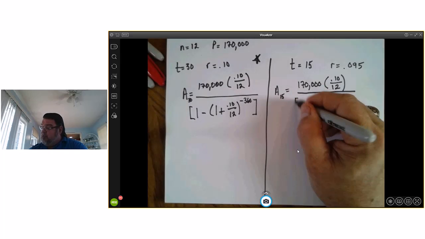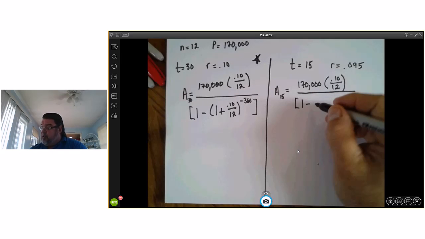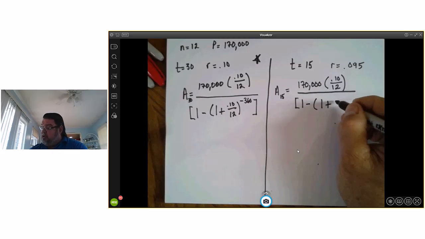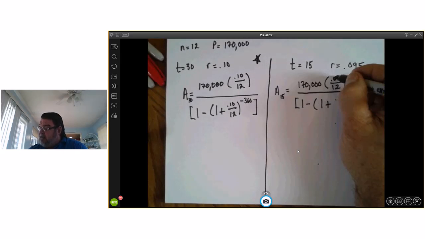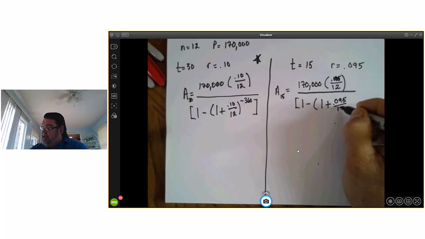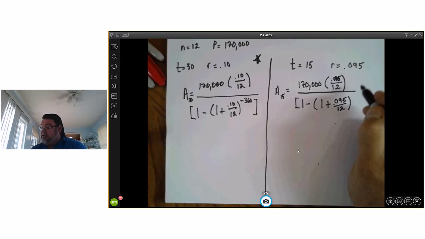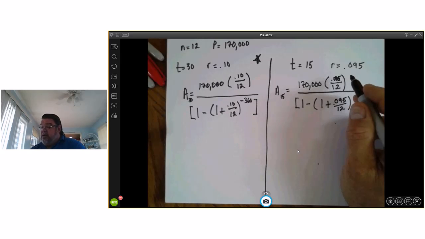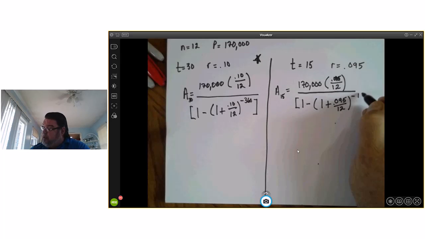Brackets, 1 minus parentheses 1 plus 0.095 over 12 raised to the nt. Well, in this case, n is 12 and t is 15. So 15 times 12, that's 150 plus 30 is 180. Somebody check with me on that. Negative 180.